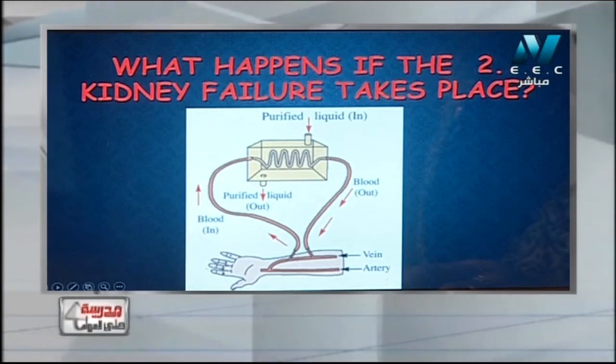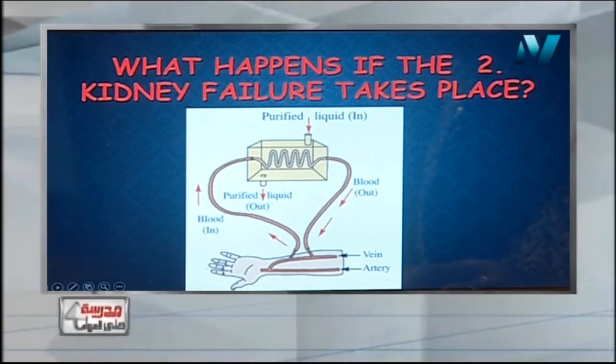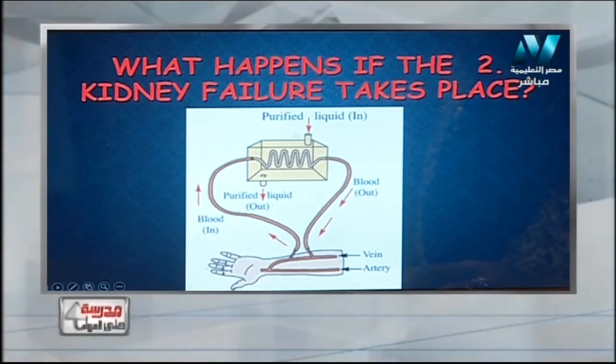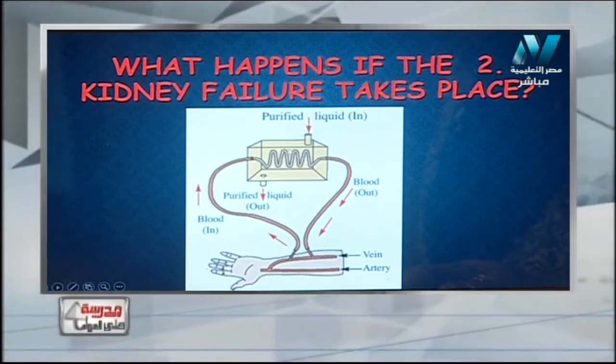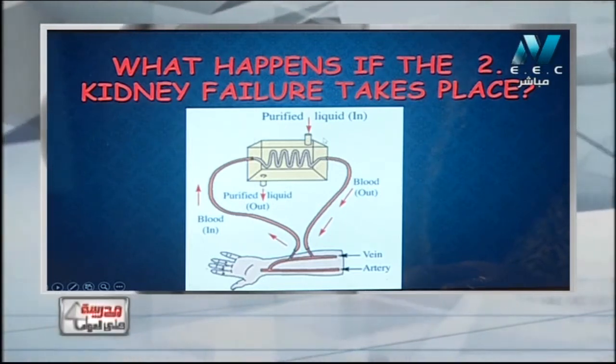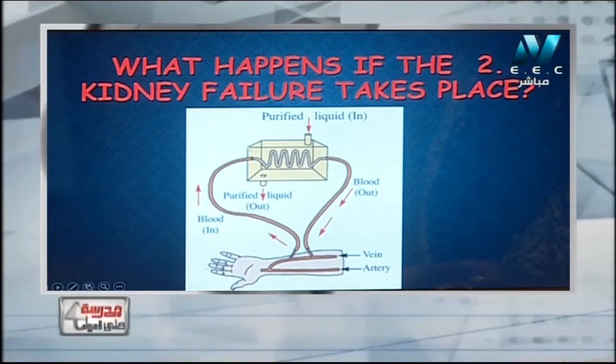So the artificial kidney, which is a device, carries out the function of his kidneys because he cannot extract the urine from the blood.